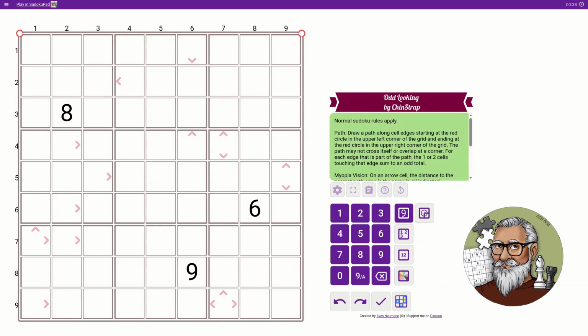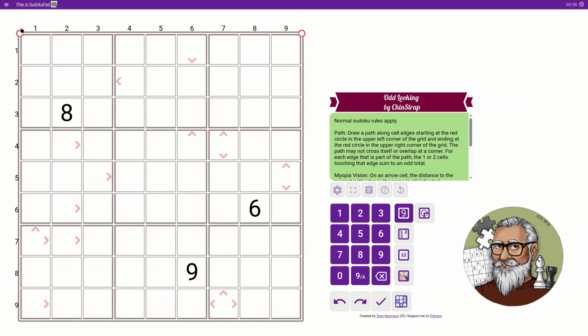Normal Sudoku rules apply. We have to place the digits 1 to 9 in every row, column, and 3x3 box. Path. Draw a path along cell edges starting at the red circle in the upper left corner of the grid.